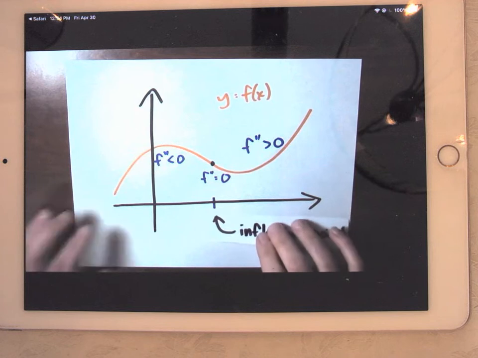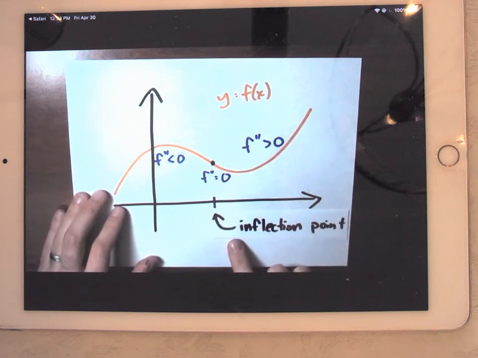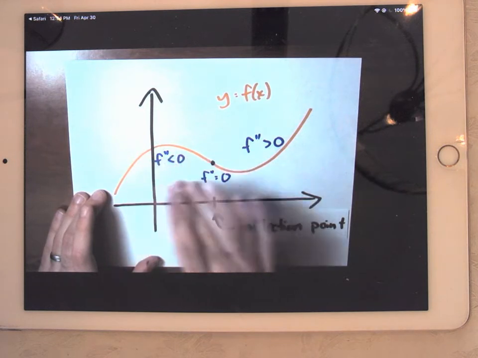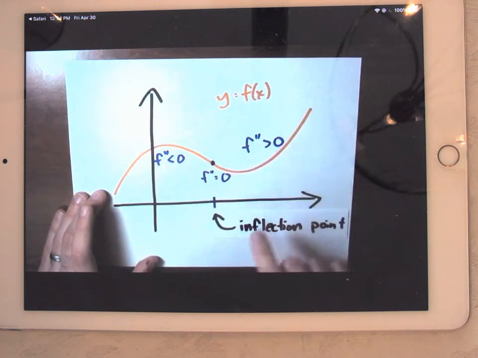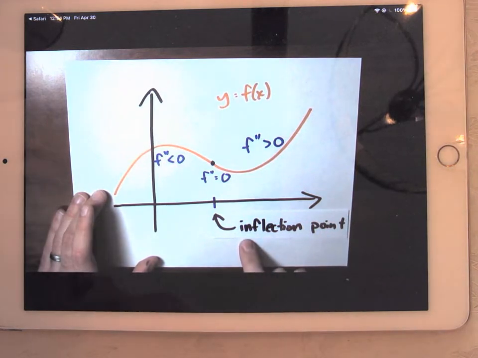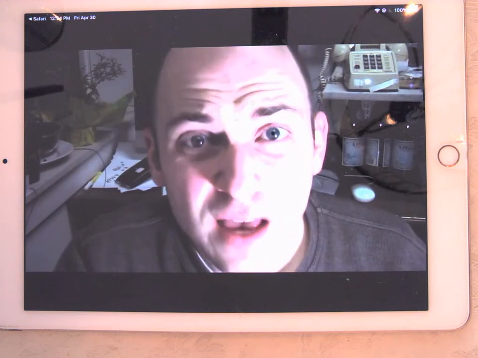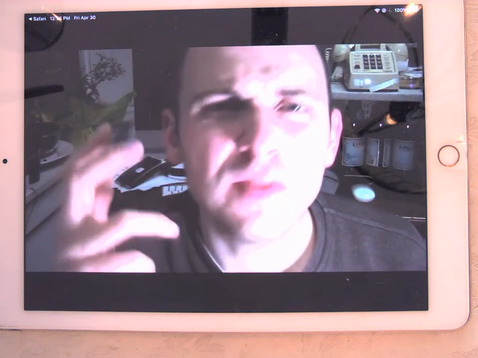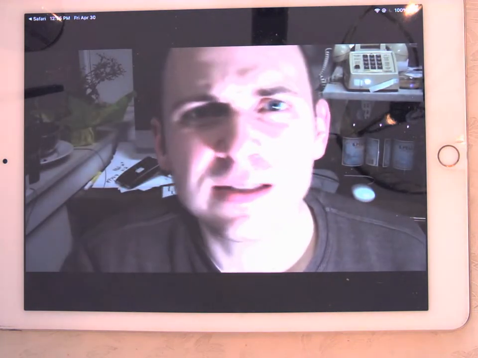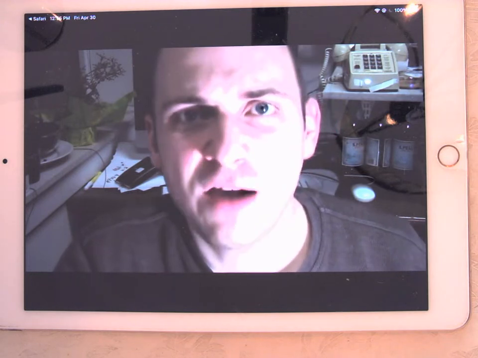A point where the concavity actually changes is called an inflection point. It's concave down over here and it's concave up over here, and the place where the change is taking place, we're just going to call those points inflection points. It's not that the terminology itself is so important, but we want the words to describe the qualitative phenomena that we're seeing in these graphs.